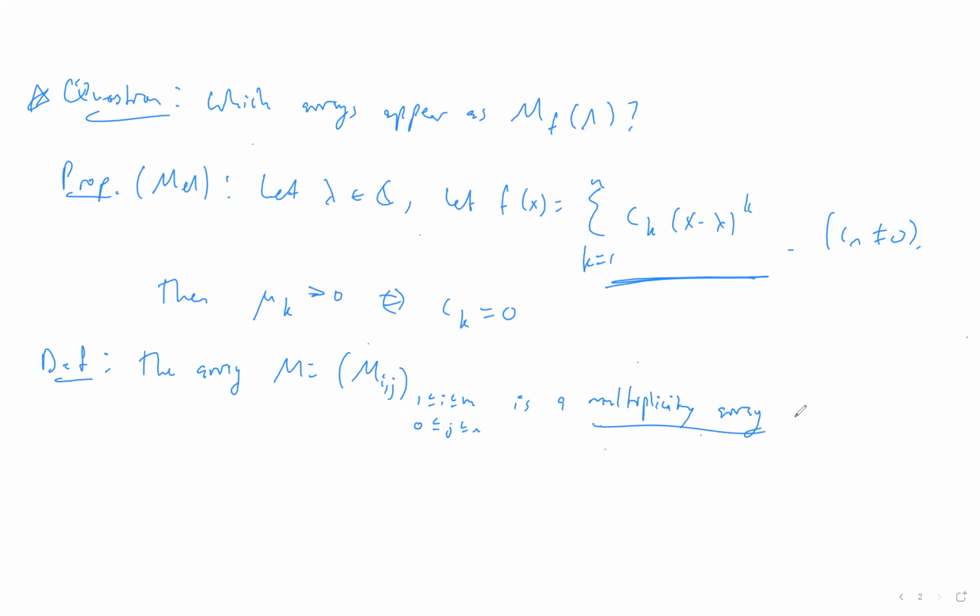If it satisfies the following properties. So the first is that every entry should be a natural number. The second is that if you have some entry which is strictly positive, so if M_ij is strictly bigger than 0, then j is strictly smaller than n, and the next entry, 1 to the right, has value 1 smaller.